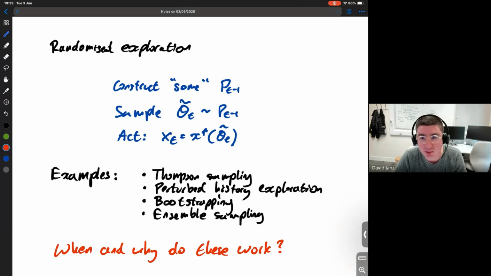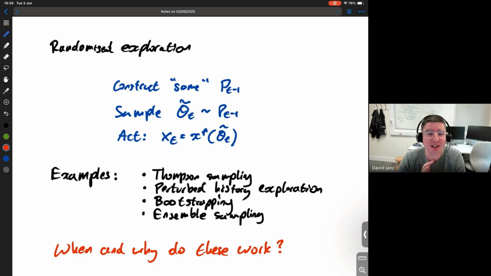So, of course, Thompson sampling fits this, but also things like perturbed history exploration, where you perturb the rewards you've observed in the past, and then fit an estimate to these perturbed rewards. You have bootstrapping, where you might fit your estimates to subsets of the data. You have ensemble sampling, where you might run a bunch of models in parallel, which again are in some way perturbed, and choose these models at random.